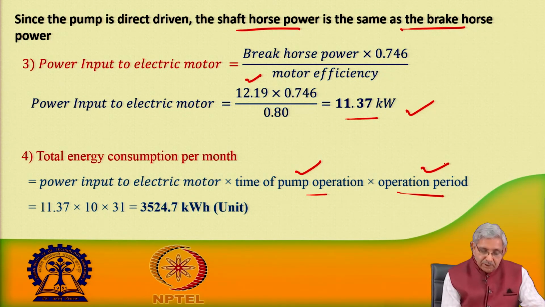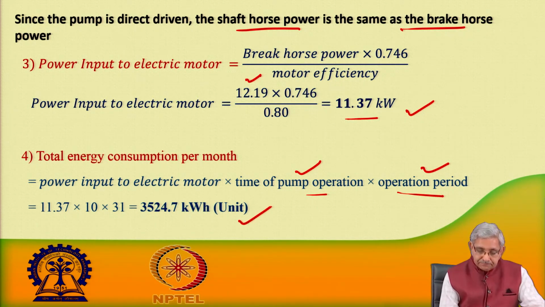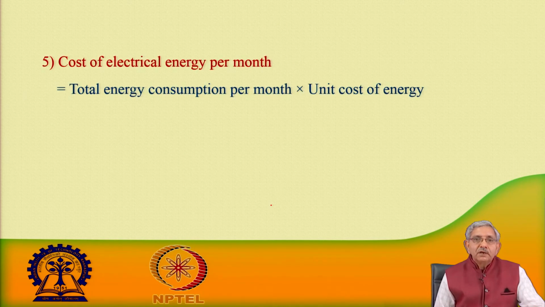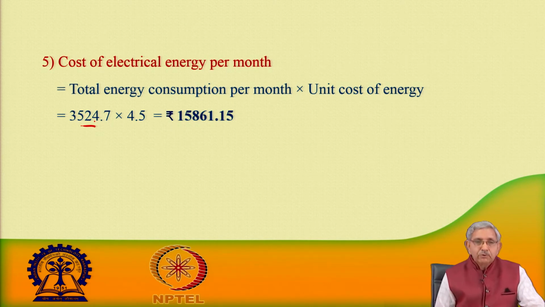So, we get the total energy consumption as 3524.7 kilowatt hours. Now, the electrical charge given is 4 rupees 50 paisa, so we multiply 3524.7 by 4 rupees 50 paisa.